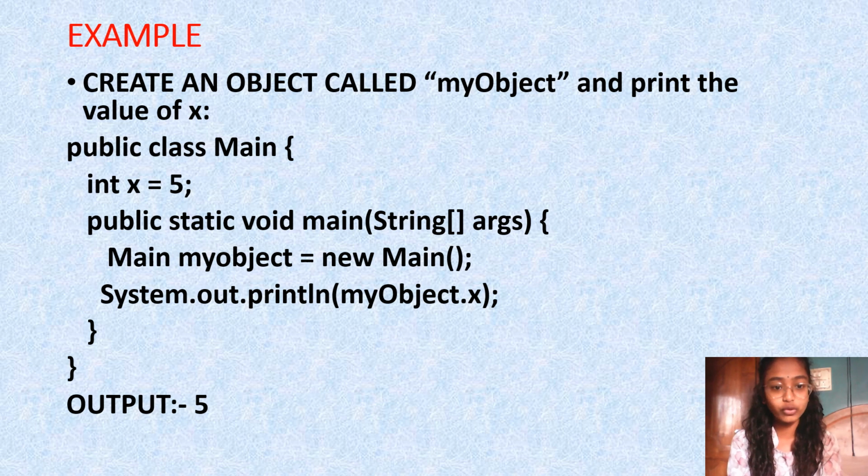And here we are using the object called myObject is equal to new Main. To print myObject.x, we are using the print statement, System.out.println(myObject.x). This outputs the value of x. So the output of this program is 5.